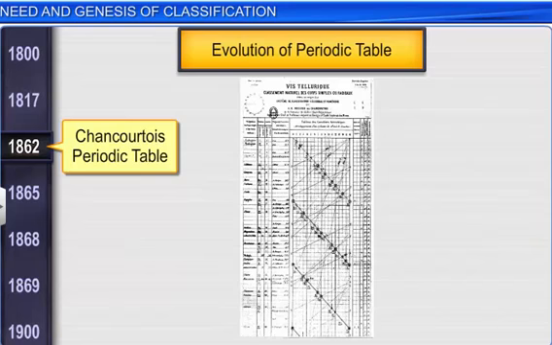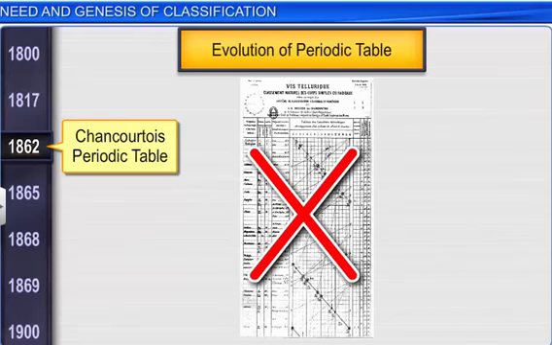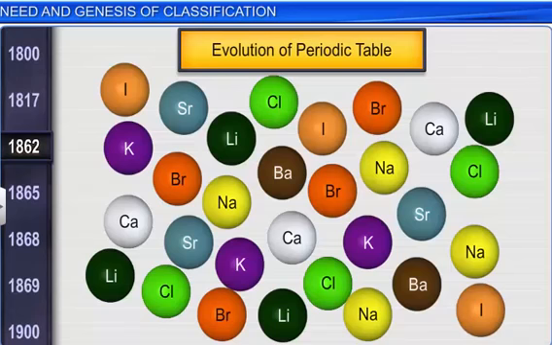Chemists did not give his discovery its due attention because he used geological rather than chemical terms. Slowly, people recognized the significance of arranging elements based on their atomic weights.